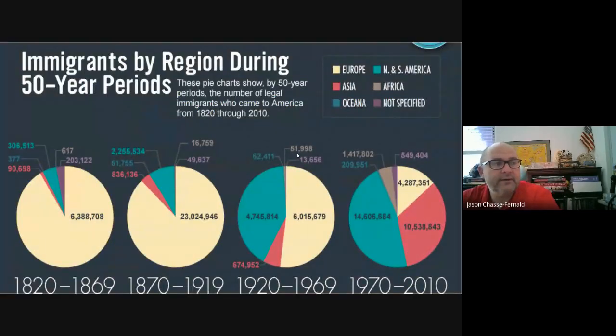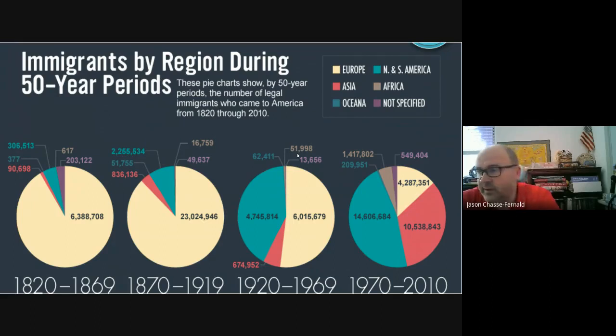All right, so let's start off by looking at immigration into the United States, since this is probably what my students have the most background with, just because this is what you're most likely to pick up on when you're in elementary school or in middle school. So this is looking at immigration into the United States and broken into four different time periods.